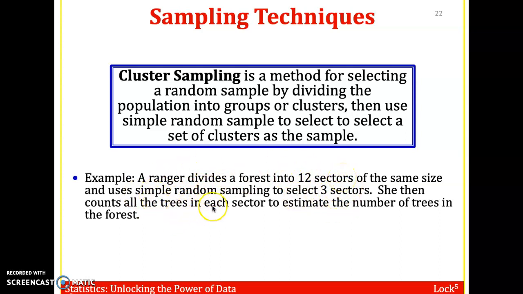She then counts all the trees in each sector to estimate the number of trees in the forest. So to get an idea of how many trees are in this forest, split it up into 12 sectors, but then only randomly pick 3 of those sectors, and then check the entire sector. That's called cluster sampling. So the sample will be one or more entire clusters, a subgroup of the population.